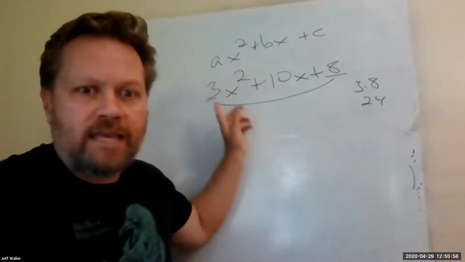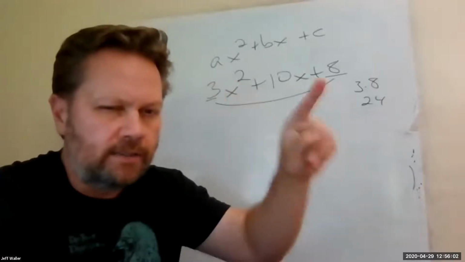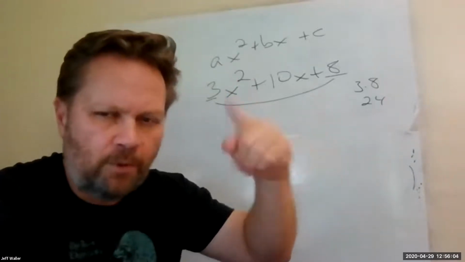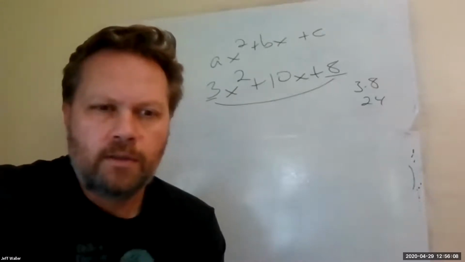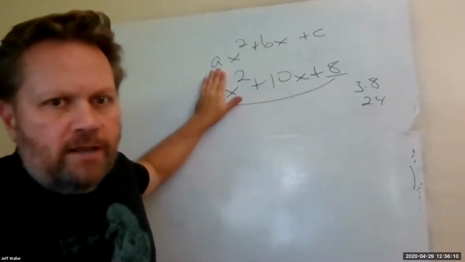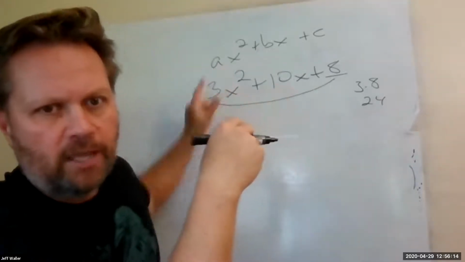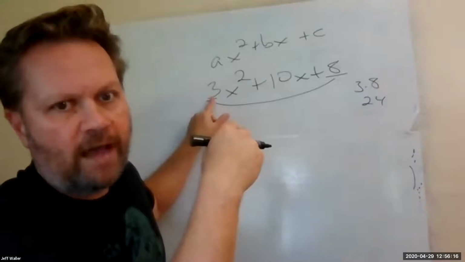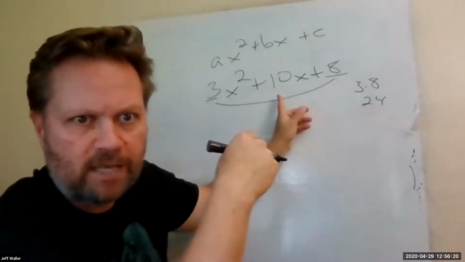We have to take this guy into account, because he's going to mess things up when I multiply this answer back out. So if that was just a 1, I would find factors of 8 to add to be 10, and that wouldn't work. That's not a 1, so I find factors of 24 that add to be 10.